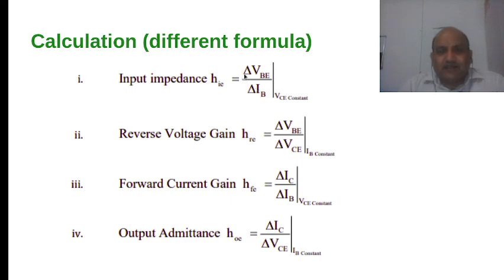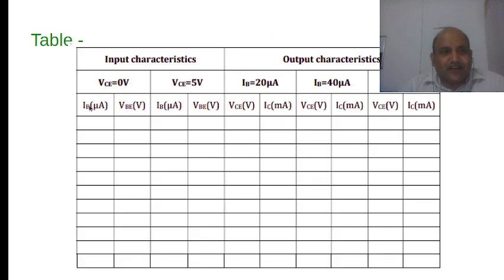It is given by change in VBE to change in IB, provided that VCE is constant. Just see this graph. Suppose you are feeding the values here and here, with VCE constant.